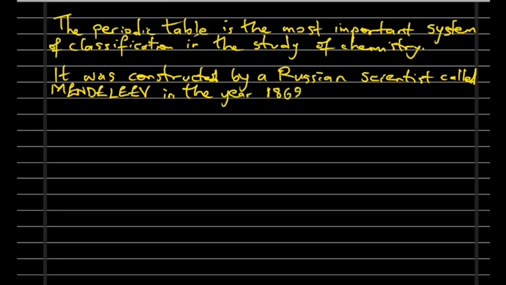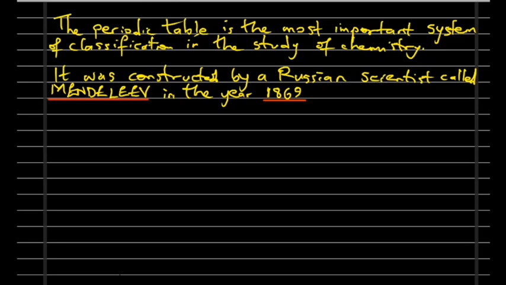Yes, we need to take note of that. It was created by this particular scientist called Mendeleev, and that was in the year 1869. So this particular table has been of great help in understanding what chemistry is about.